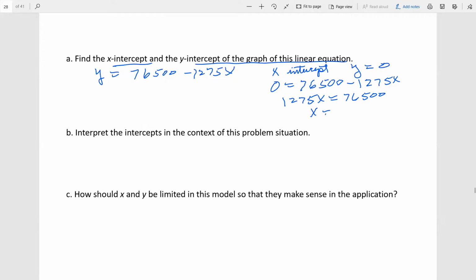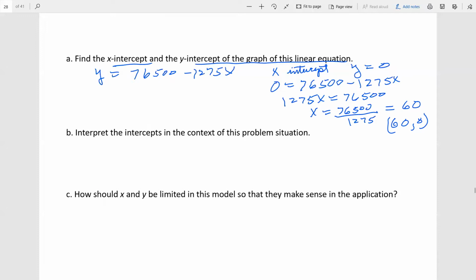So x is equal to 76,500 divided by 1275, and that is 60. So the x-intercept is (60, 0).